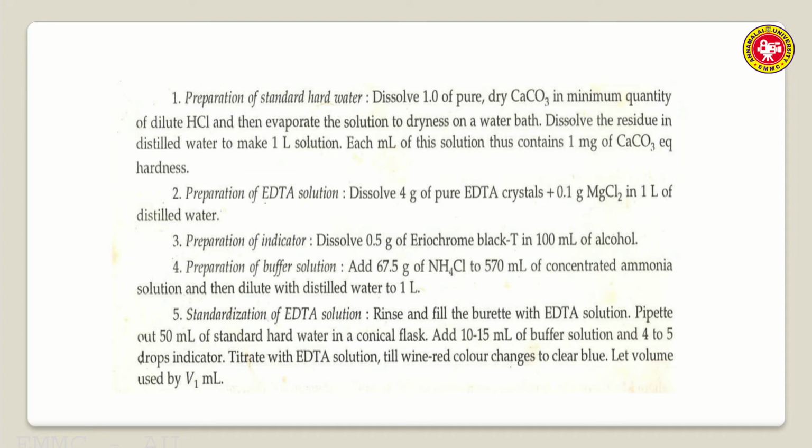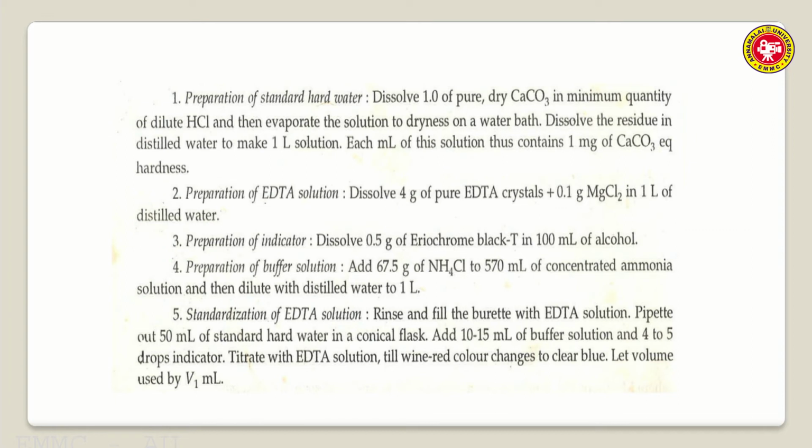This is the main criteria for preparing standard hard water. You have taken 1 gram of calcium carbonate and made it into 1 liter after converting into calcium chloride. This is very important. Each ml of that standard solution contains 1 milligram of calcium carbonate equivalent hardness.